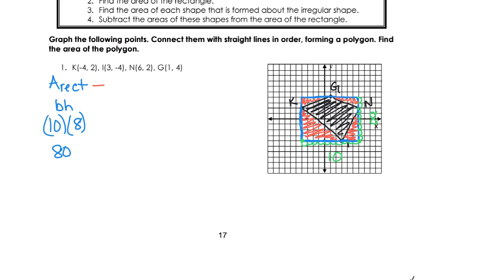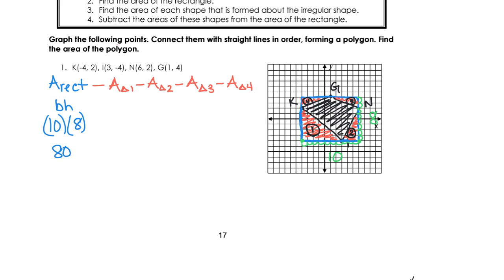So we have 4 triangles to take the area out of. So out of this rectangle comes the area of triangle 1, the area of triangle 2, the area of triangle 3, and the area of triangle 4. All right, so that's kind of how we set it up. So we're going to call this triangle 1, triangle 2, triangle 3, and triangle 4.